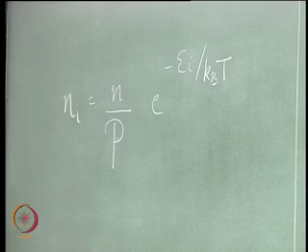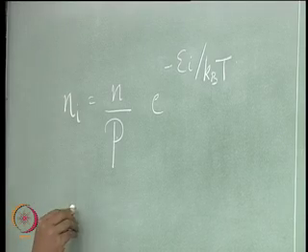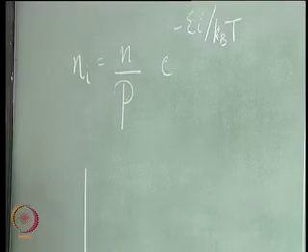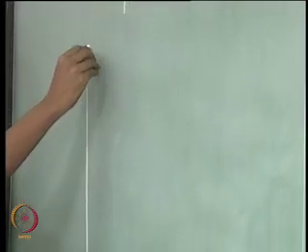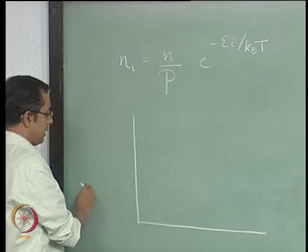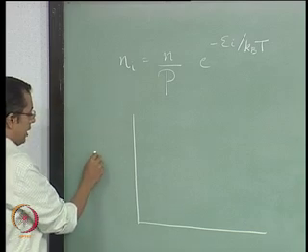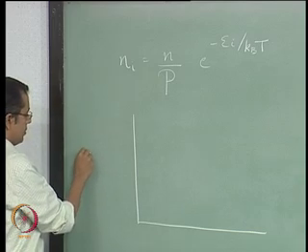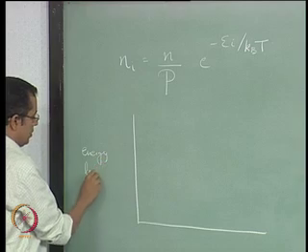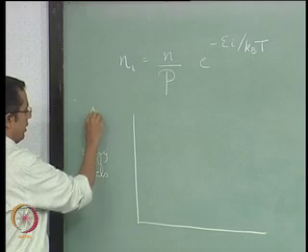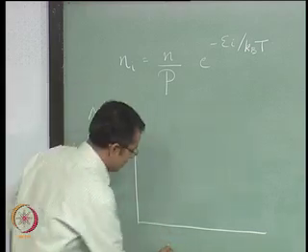If we make a plot of this, which we did last class, we will start with that plot and proceed. We will see a plot where we have the energy levels increasing that way, and this is the number of particles.